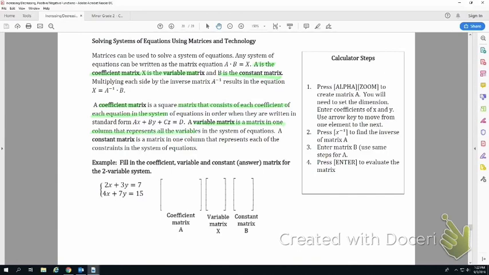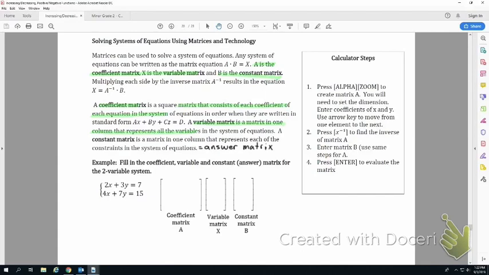The only variables I have over here are x, y. So all I'm going to have in that matrix is x, y. The constant matrix is a matrix in one column that represents each of the constraints in the system of equations. A lot of times I am going to refer to that one as the answer matrix.